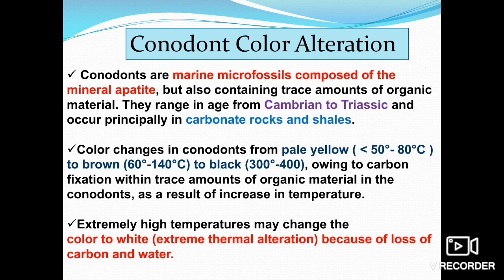They range in age from Cambrian to Triassic period and occur principally in carbonate rocks as well as in shale. So their occurrences are in carbonate rocks as well as shale, and their age ranges from Cambrian to Triassic. It's important to remember the age as well as the host rock where they occur.